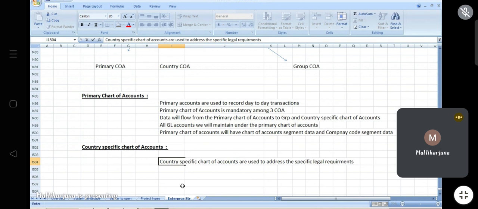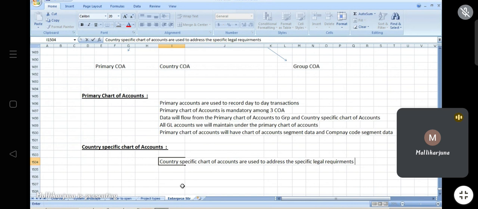Let's say as per local accounting principles, or in India we may not have such a requirement, but the tax authorities may want to follow different accounting standards for the treatment of inventory valuation. Of course, even in India we have that. So you want to address the tax reporting authorities' requirements as per the accounting standards. We must prepare our financial statements as per the local regulators.